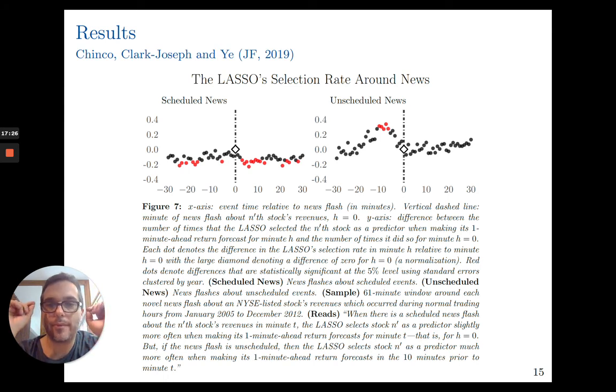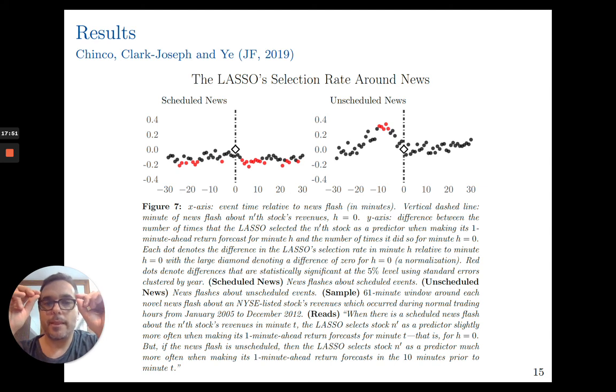So what's the y-axis? It's the difference between the number of times that the Lasso selects the N-th stock as a predictor when making its one-ahead return forecast for minute H, and the number of times it did for other minutes.